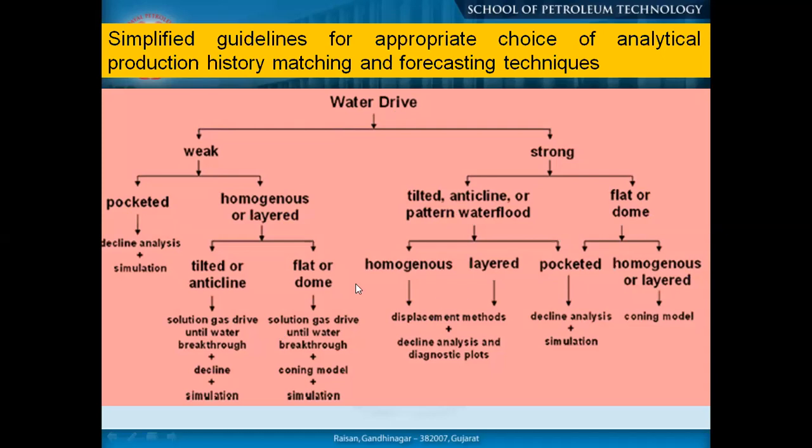So one is what we have discussed earlier, the volumetric reserve estimation, the very early understanding of your reserves. Then with subsequent time, when you start taking production, you can do material balance calculations for understanding reservoir performance. Then when you have some amount of production and you start declining, we generally use the decline curve method.